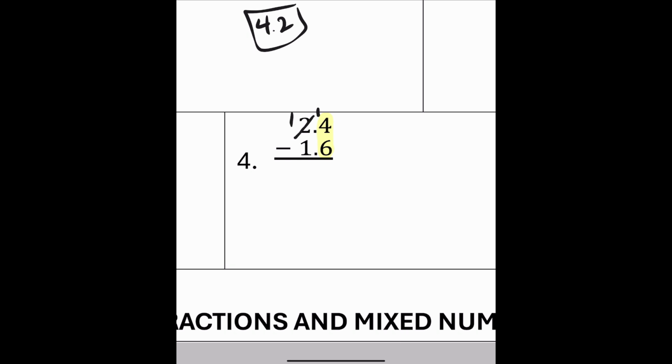If you borrow from a 5, that becomes a 4. But in this case, we're borrowing from the 2, so we're just going to make that into a 1 now, okay? So we have 14 minus 6, that's 8. And now we have 1 minus 1, which is 0. And then we're going to shoot the decimal straight down, so our answer is 0.8.